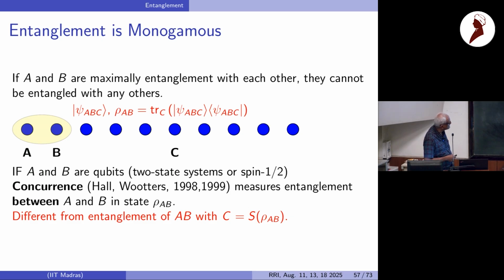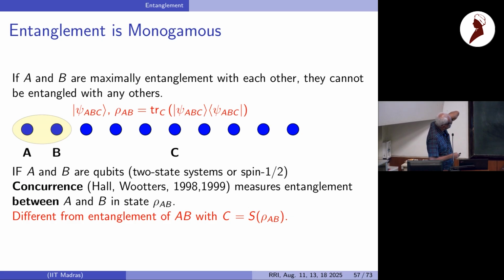And the measure of two-qubit entanglement, even in mixed states, is given by concurrence. I'm not going to go into that, but let me just say that concurrence measures entanglement between two qubits in any state, pure or mixed. Okay.